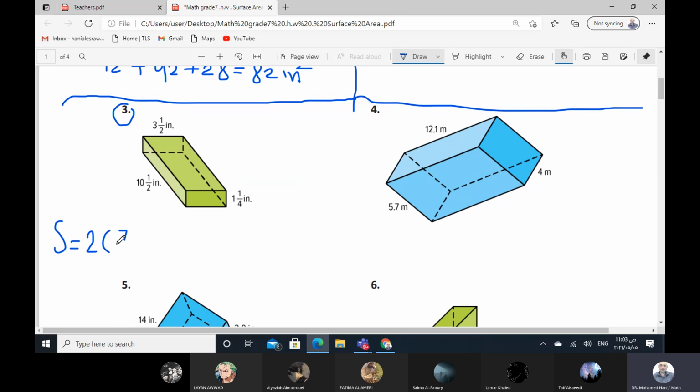7 over 2 times the width here, 1 and 1 over 4. 1 times 4, 4. 4 plus 1, 5 over 4.